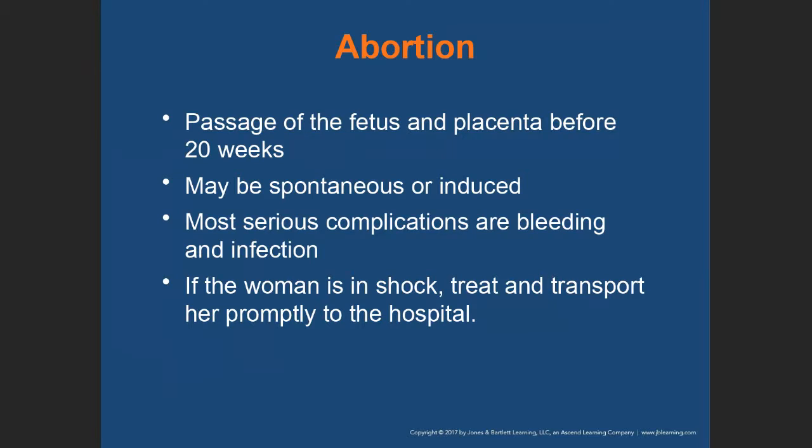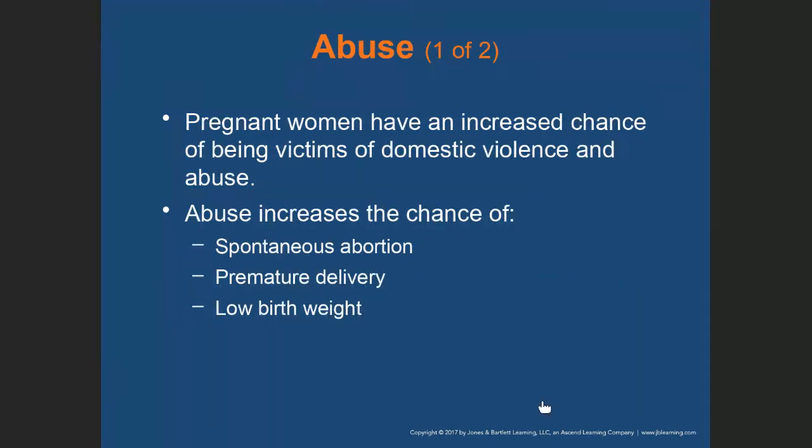Infection is very common, especially in Jamaica, because there are a lot of elective or induced abortions here in Jamaica, and sometimes all of the fetus or all of the placenta is not removed, and it can lead to infection, and it can lead to septic shock. If the woman is in shock, treat and transport her promptly to the hospital.